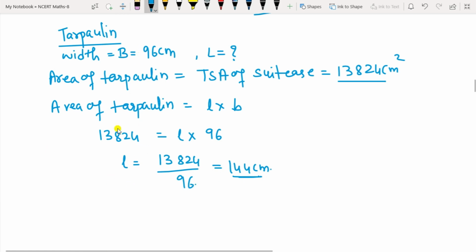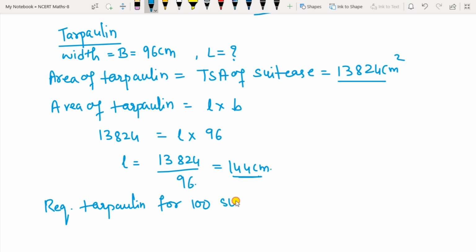So required tarpaulin for 100 suitcases will be equal to what? Multiply this with 100. So 100 into 144.